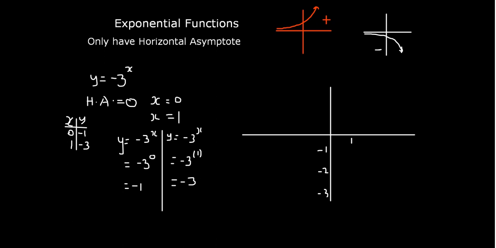Now let's draw the horizontal asymptote, and then we've got 2 points: where x is 0, y is negative 1, and where x is 1, y is negative 3. So our graph will go like this.